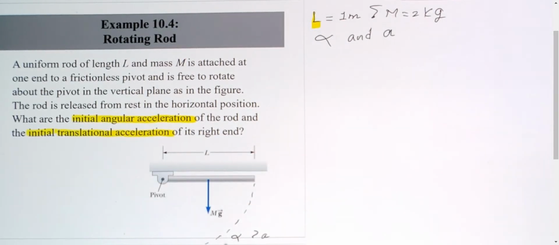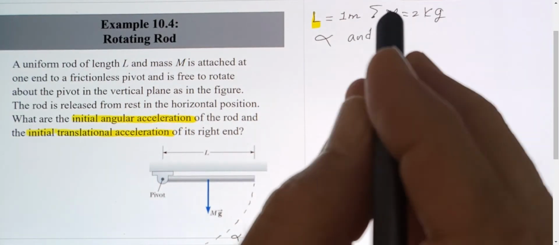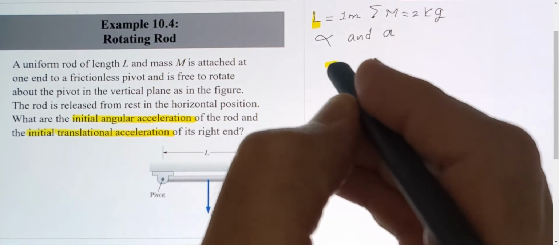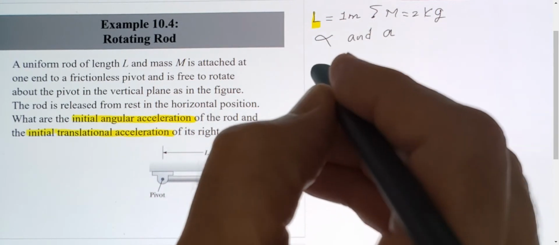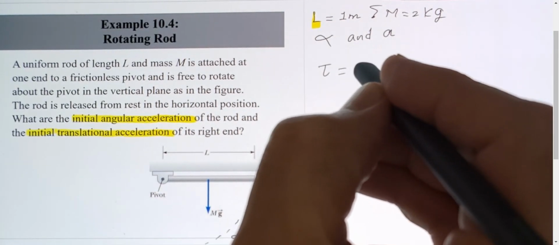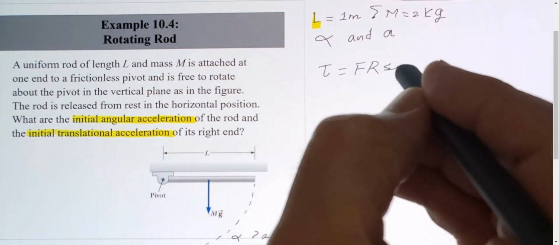Let's find alpha. First of all, we can calculate torque by definition as F r sine theta.